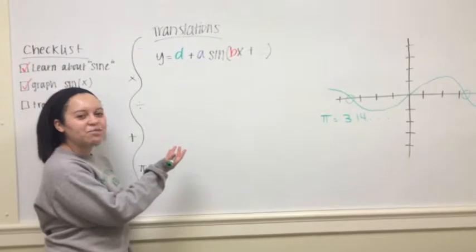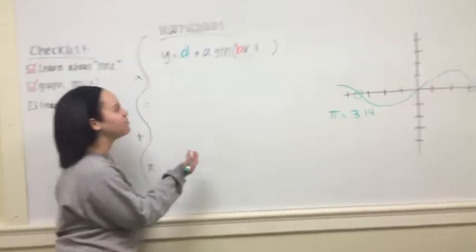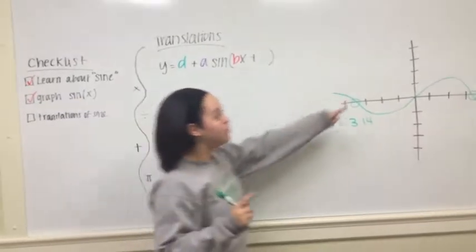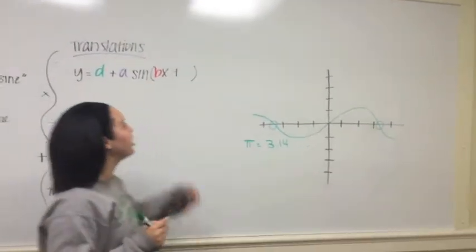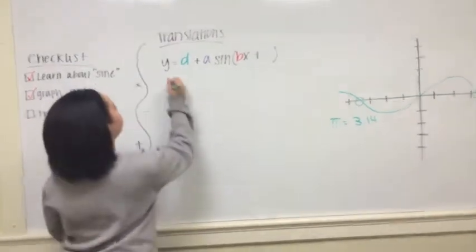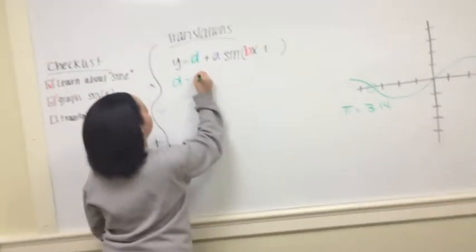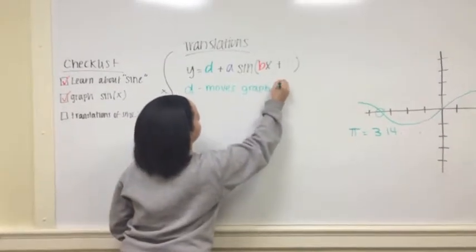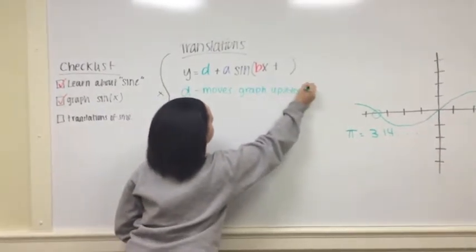This is an equation to help you figure out the translations of a sine graph. So if you want to move the graph up or down, you can add or subtract a number from sine x. So how do you move the graph up or down?